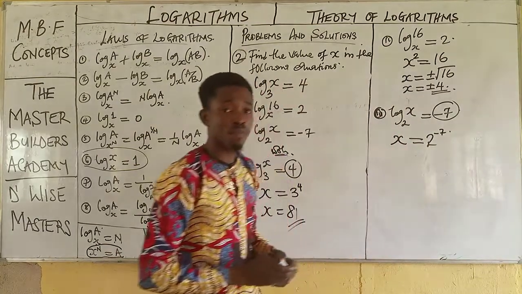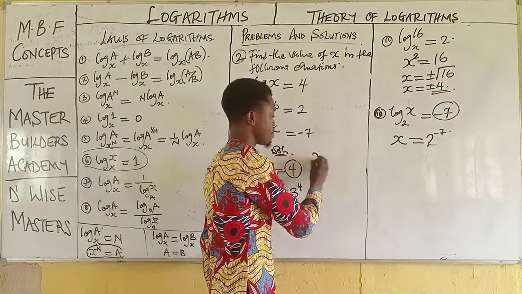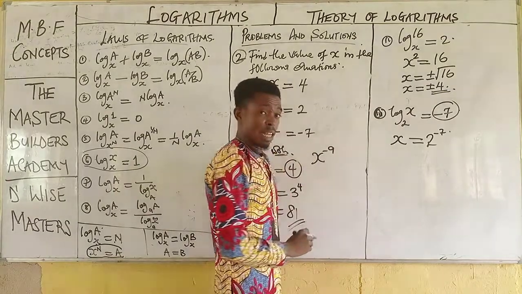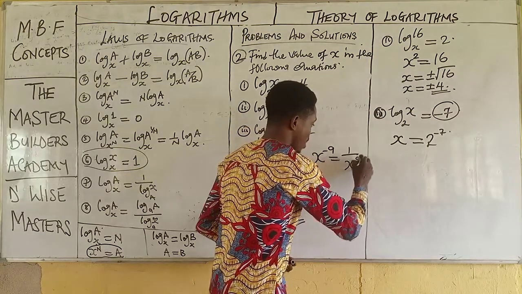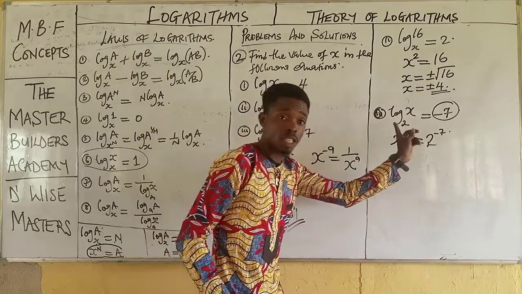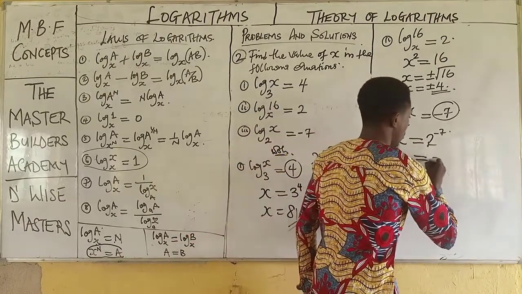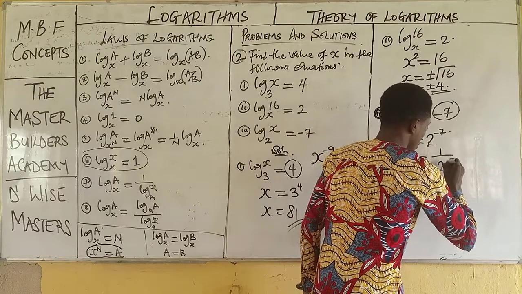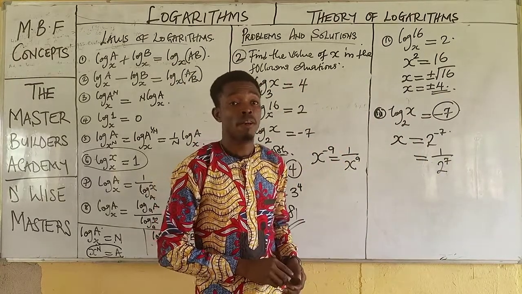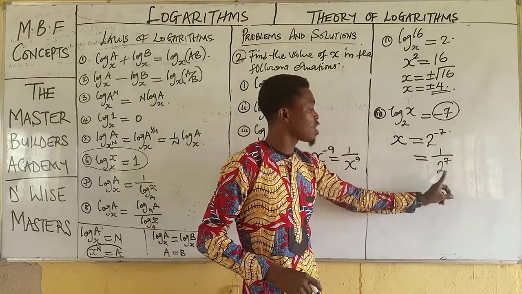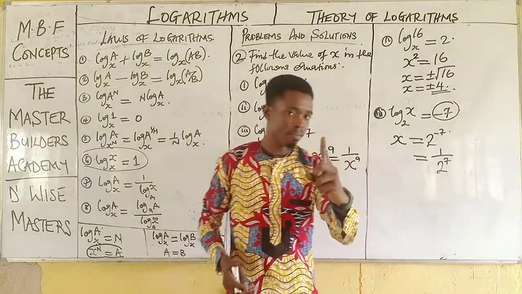Now using the fourth law of indices, x raised to the power of minus a is equal to 1 over x raised to the power of a. If I use this step here, then I'm going to have 1 over 2 raised to the power of 7. That's the reciprocal. Now what is 2 raised to the power of 7?